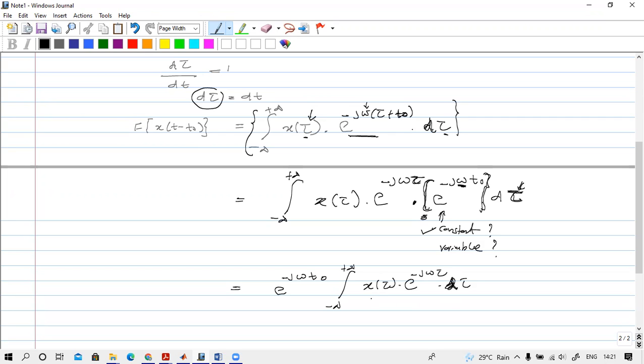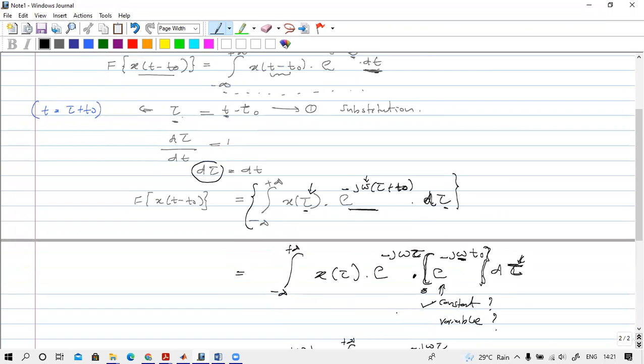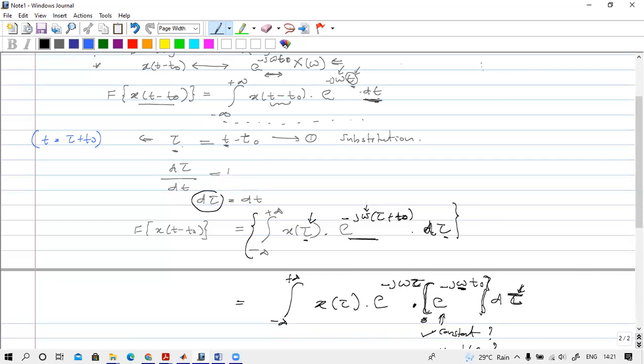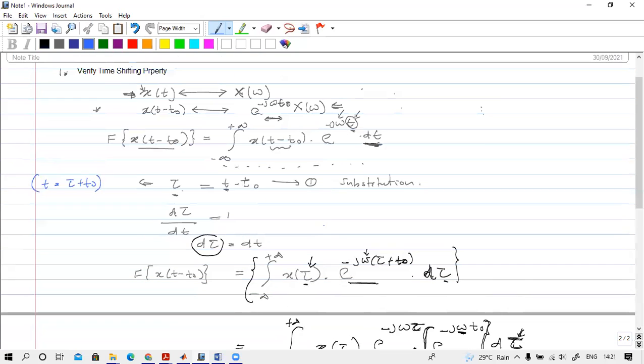So what is this part? See, we have an x(t) signal.